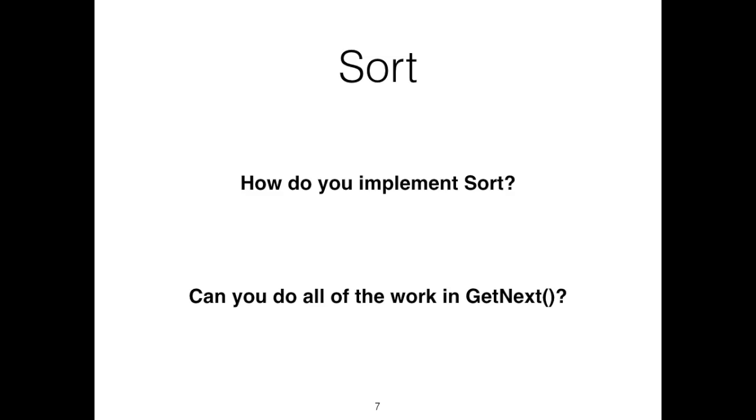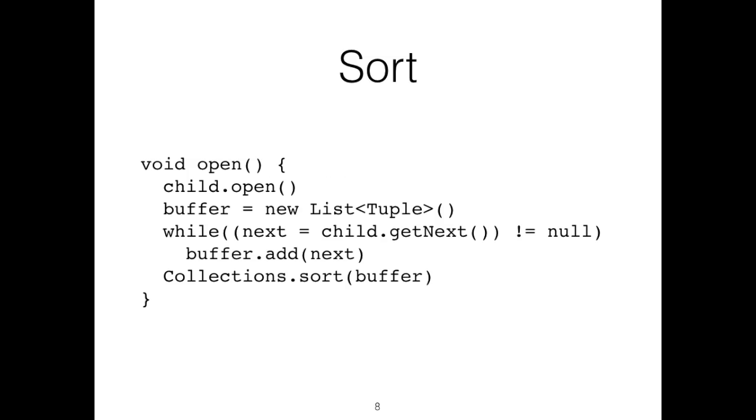In other words, you can't actually start producing tuples out of a sort operator until you've seen the entire input at least once. So yeah, scanning over the entire input repeatedly is one way to do that. But in just the same way, you could potentially read in all of the tuples in your input and then produce a sorted list and use that sorted list as a way to produce new tuples.